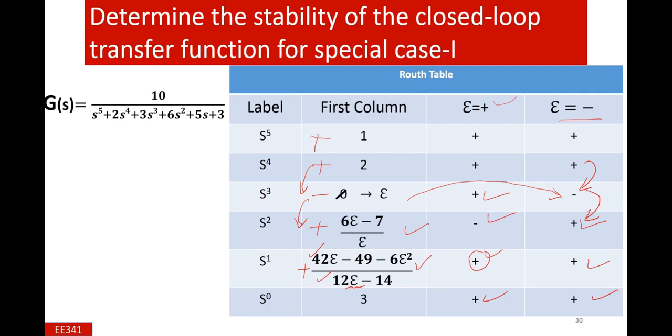So there are 5 poles in this system, in the closed loop transfer function. Out of 5, 2 poles lie on the right half plane. So this is the result for epsilon and how to handle the 0 as the first element in the row.